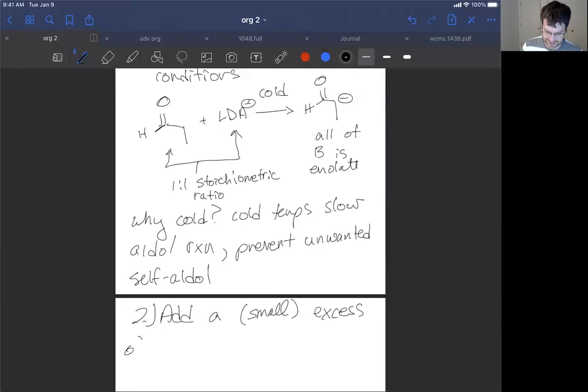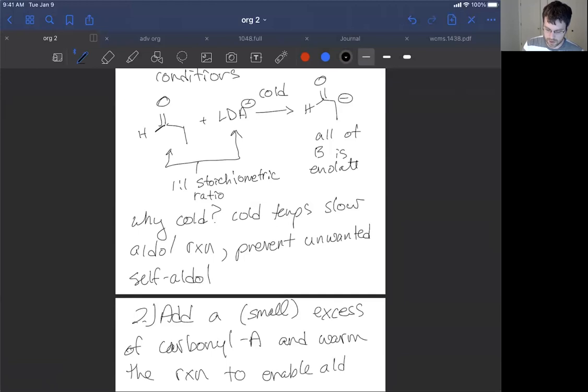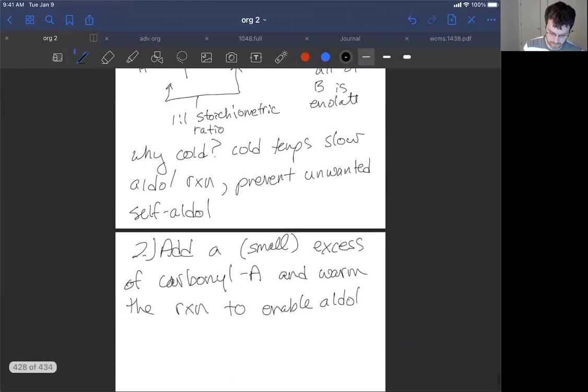Add a small excess of carbonyl A and warm the reaction to enable aldol reactions. So we're going to warm the reaction to enable an aldol reaction.